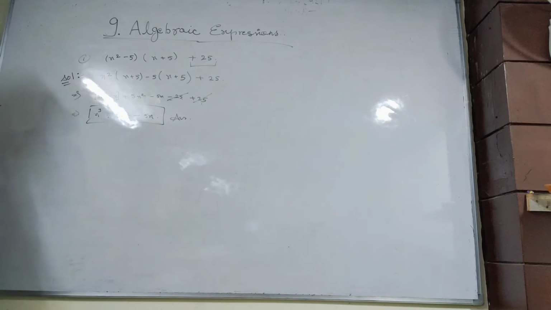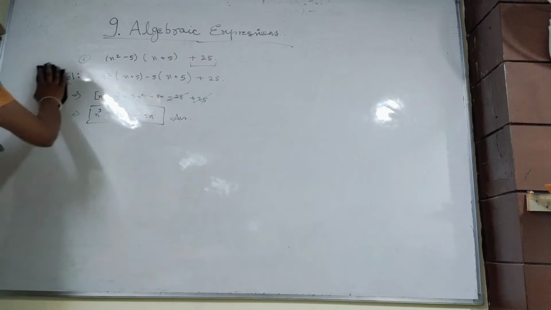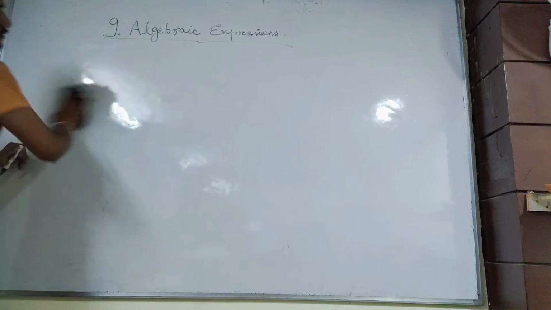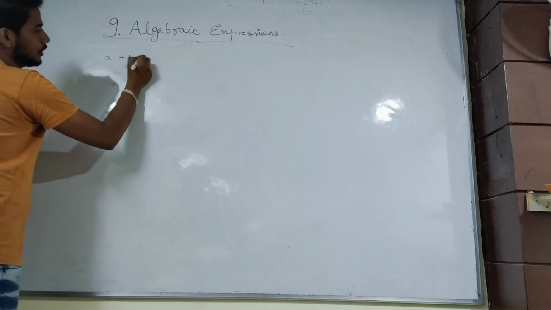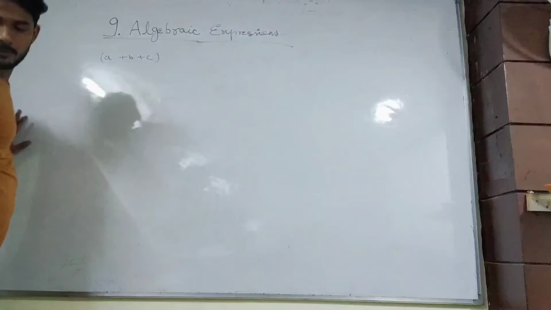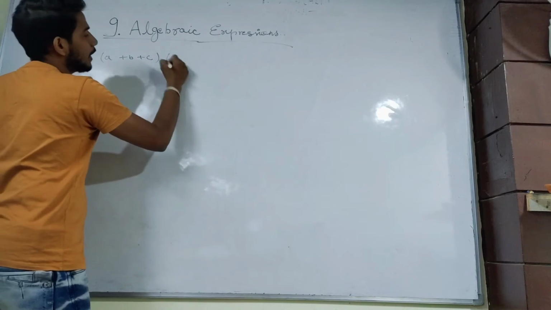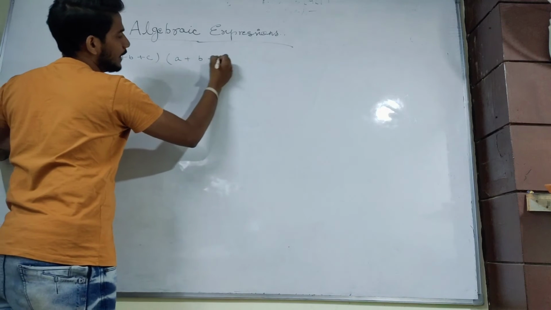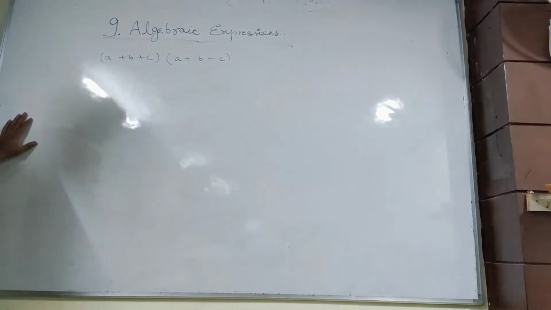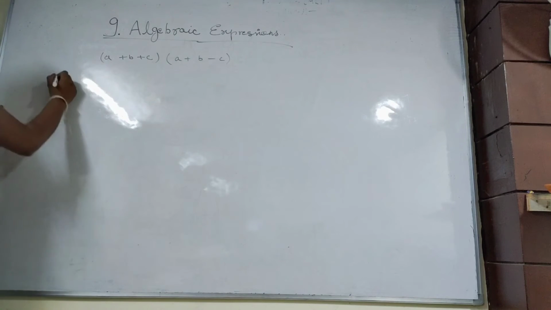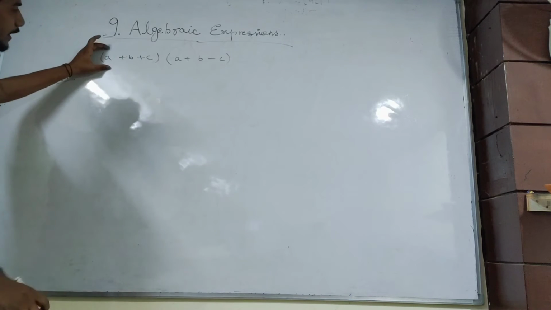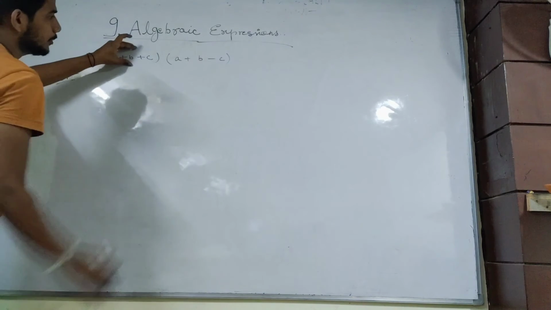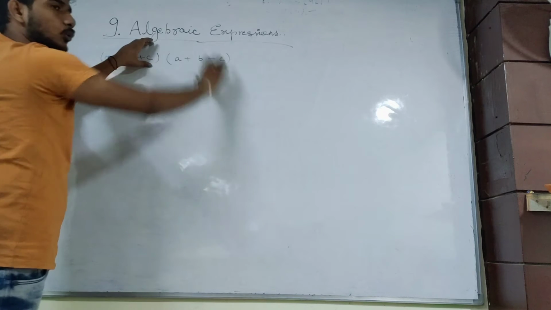We will do one more question on this topic. The question is simple: a plus b plus c multiplied by a plus b minus c. Now we have to multiply this a by the whole term, this b by the whole term, and this c by the whole term.